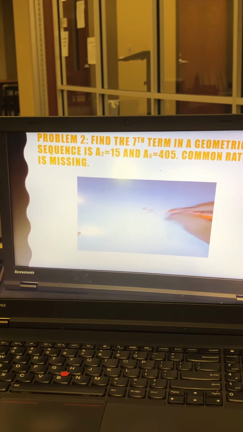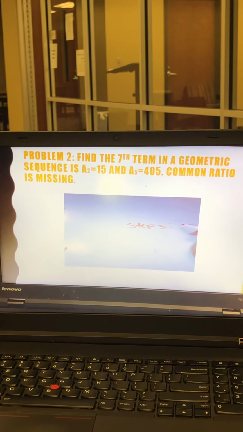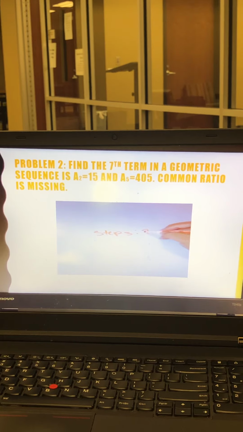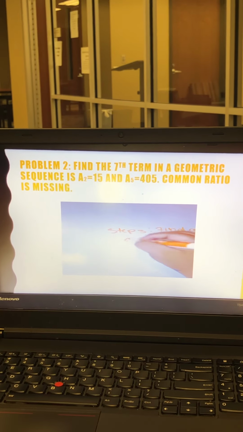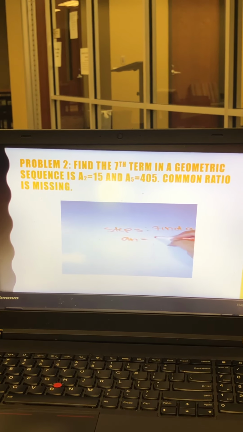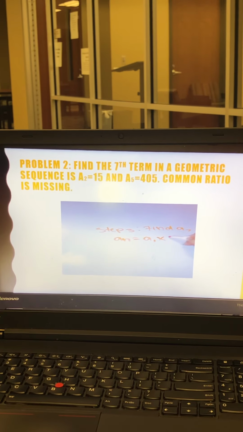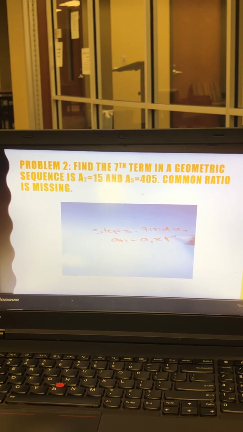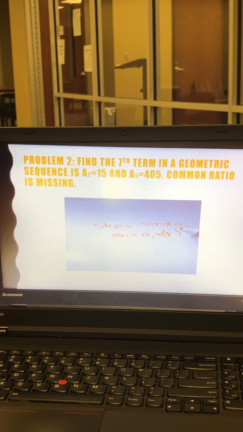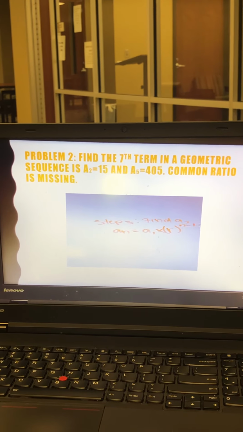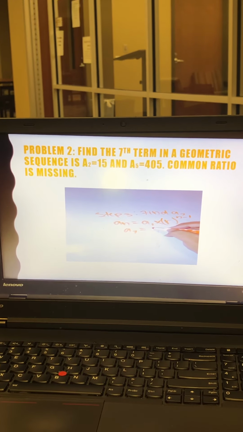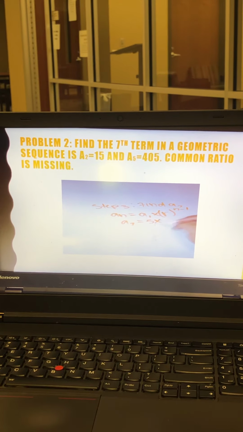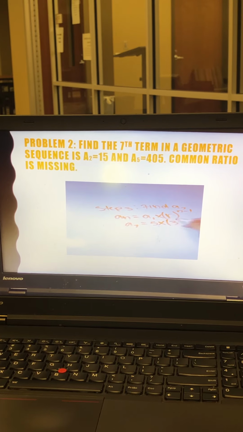So now for step 3, we're going to plug everything in and find the 7th term. Rewriting our formula, we have the first term times the common ratio raised to the term number minus 1. So a sub 7 equals our first term, which is 5, times the ratio, which is 3, raised to 7 minus 1.